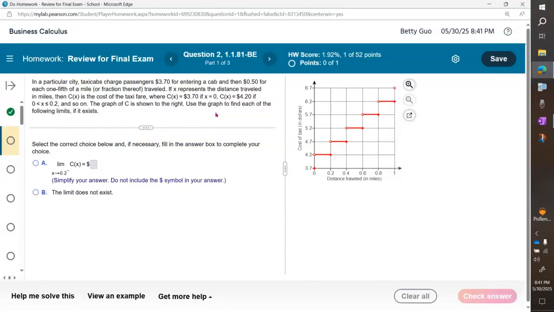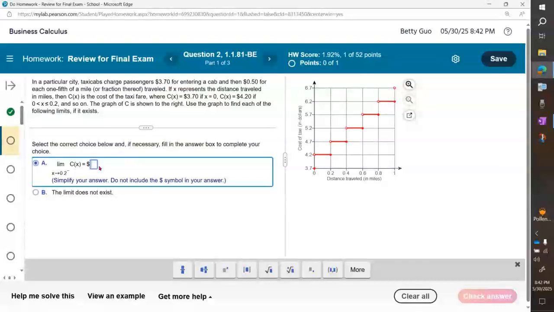The function is a piecewise function. We need to consider the left-hand limit of the function when x approaches 0.2. Let's see, where is the 0.2? 0.2 is right here. When x approaches 0.2 from the left, y value approaches 4.2. That's the left-hand limit, 4.2.